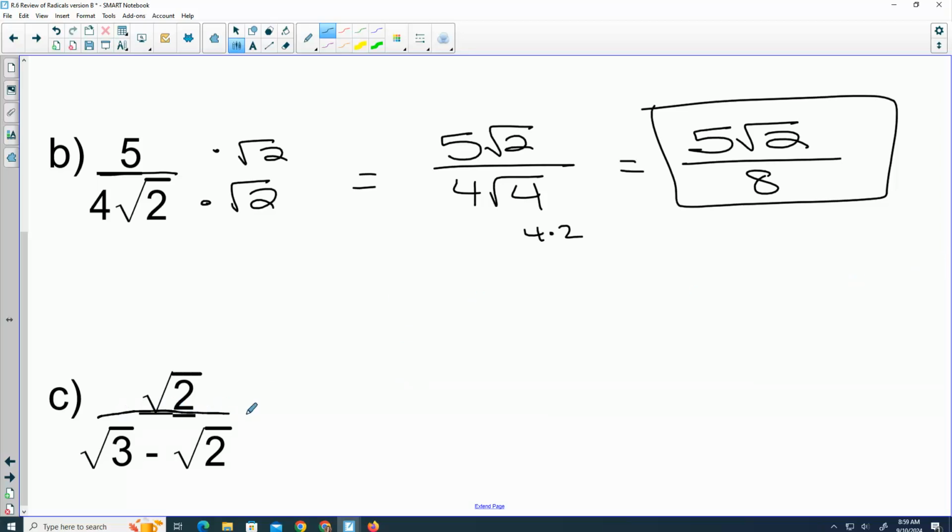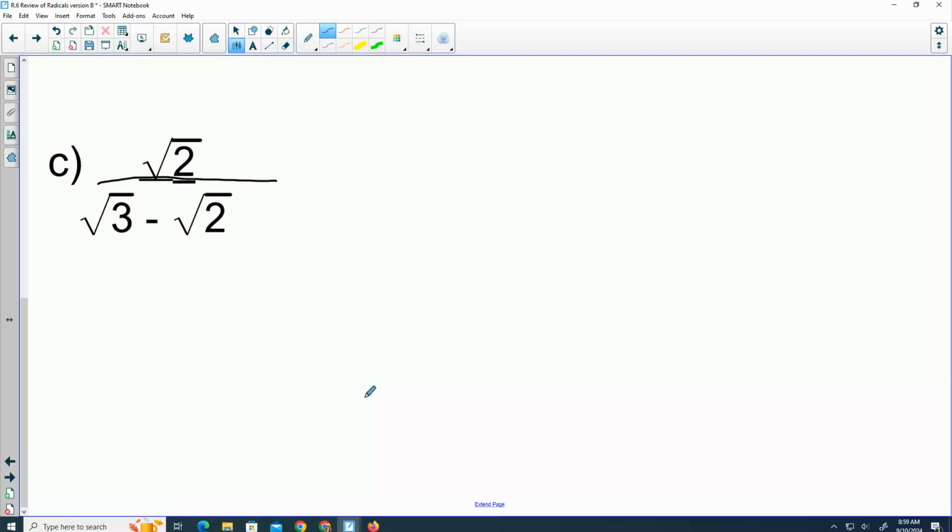Okay, look at this one. The square root of 2 over square root of 3 minus square root of 2. All right.